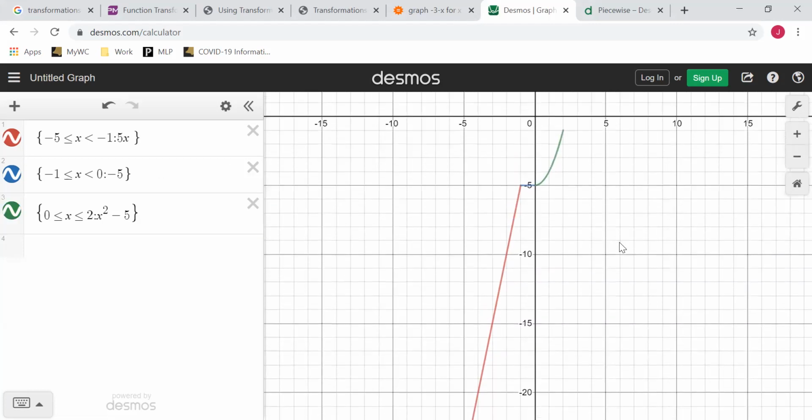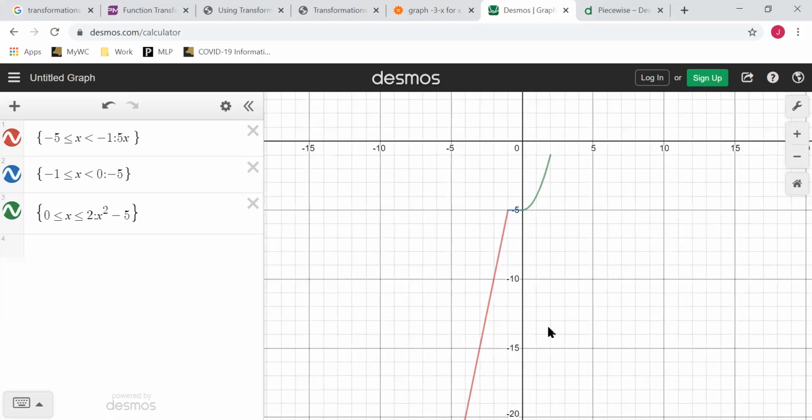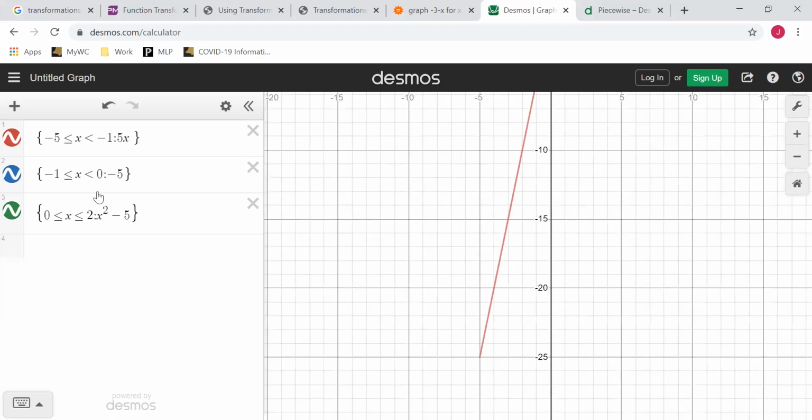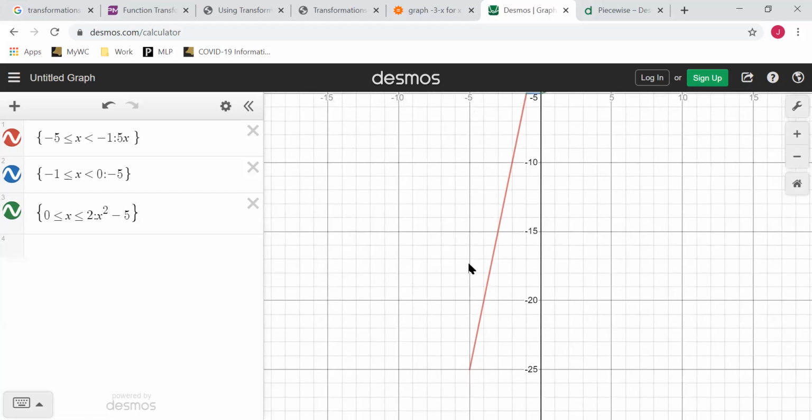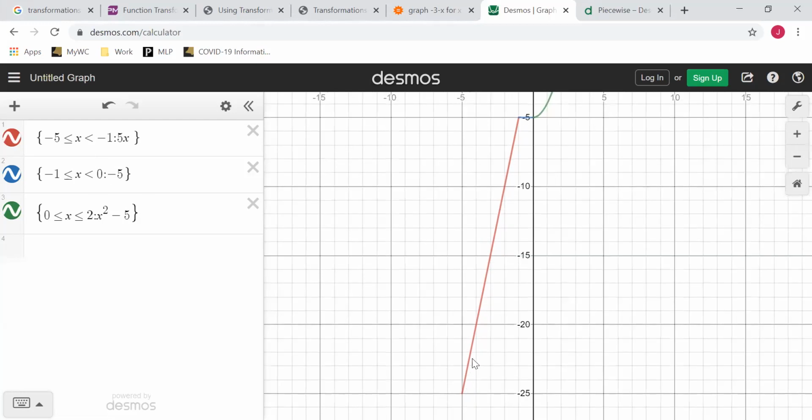Now we can look at the graph of this piecewise function. So for all x values greater than or equal to -5, so here's -5 on the x value, but less than -1, it's this red line. Notice that this thing is defined not for the entire real number line.